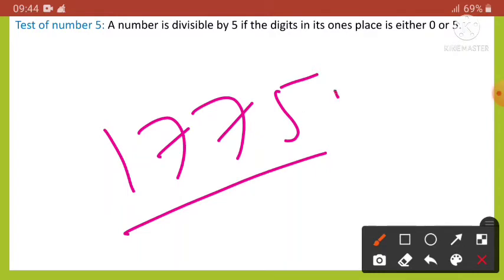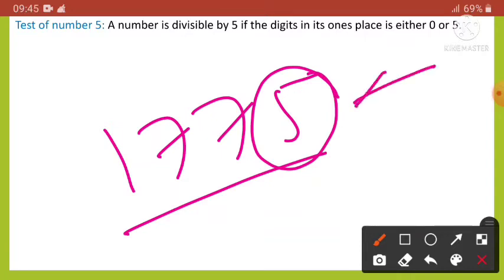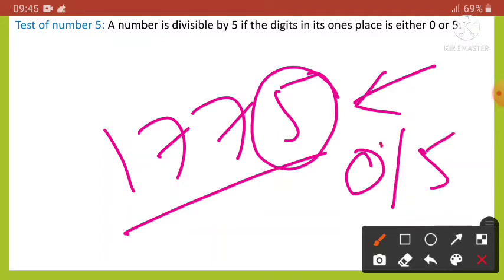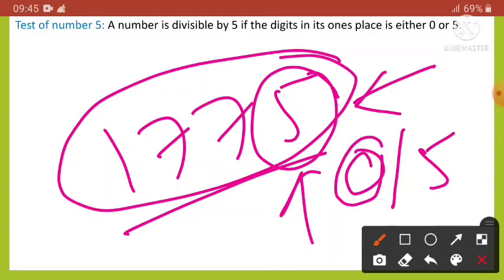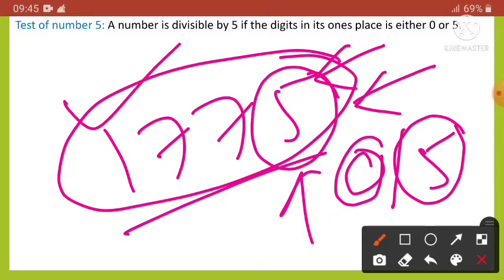Yes, at the ones place it is 5, so we have to check at the ones place, is it 0 or 5? If we have 0 at the ones place, then the number is divisible by 5, and also if the ones place digit is 5, then easily we can say that the number is divisible by 5. So 1775 is divisible by 5.